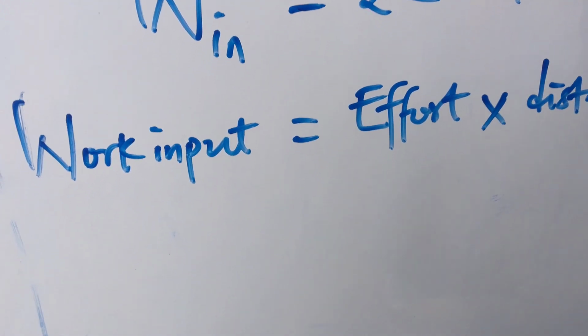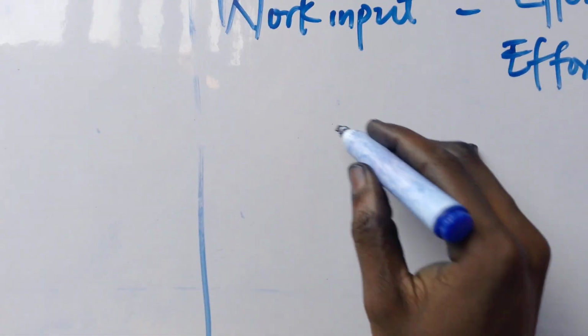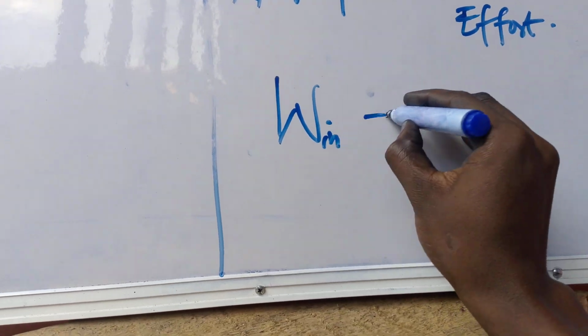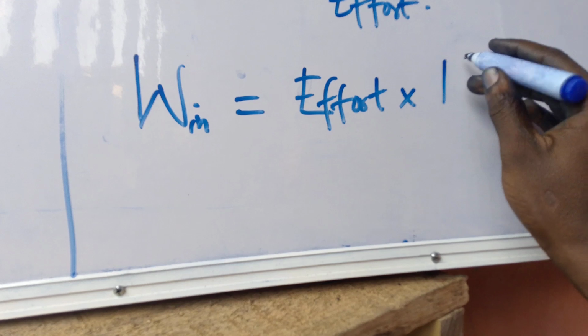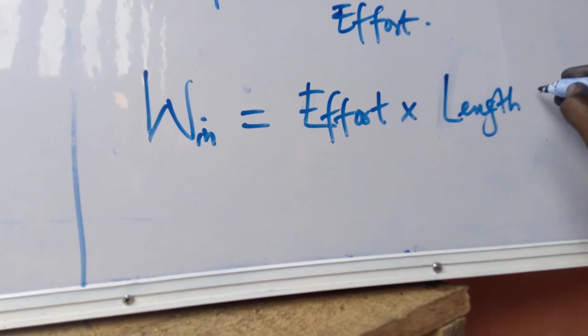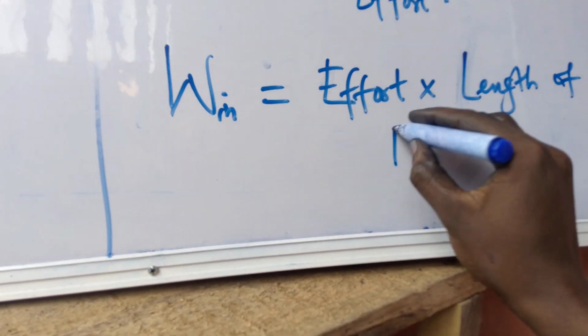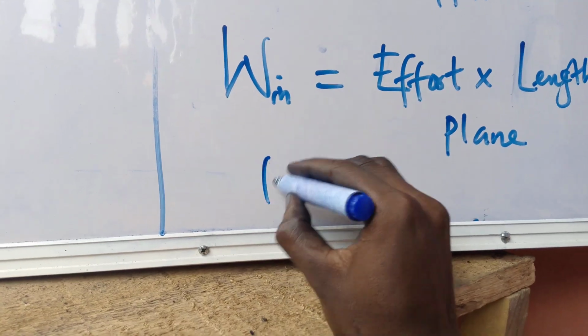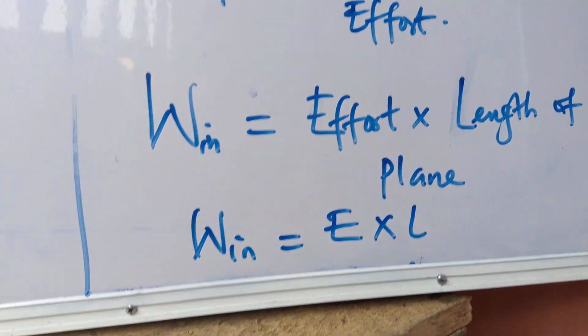The distance moved by effort is the length of the inclined plane. So the work input will be effort times the length of the inclined plane.